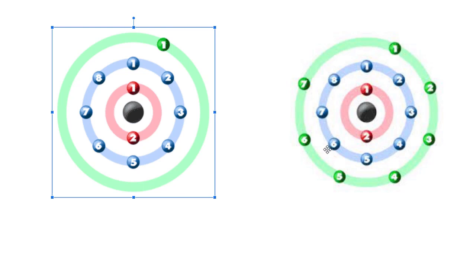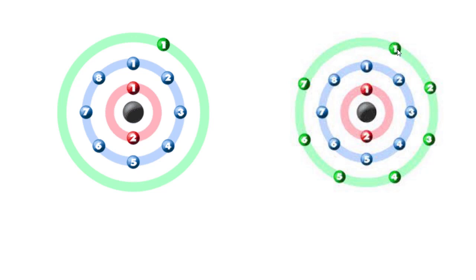On the right hand side you can see the electron configuration of chlorine. There are 2 electrons in the first orbit, 8 electrons in the second orbit, and 7 electrons in its valence cell. So these are the figures for the sodium and chlorine electron cells.